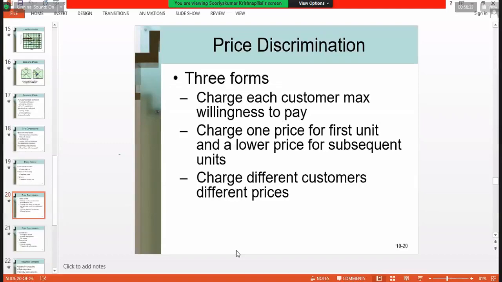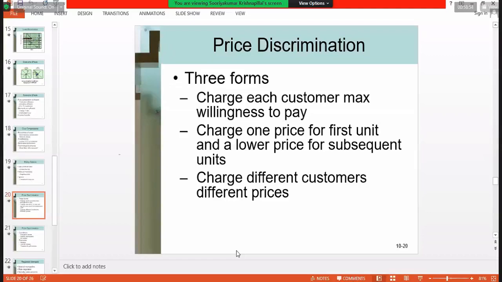Another price discrimination: charge different customers different prices. That means some groups of people will pay a higher price, some groups a lower price, but within the group all pay the same price. So they can categorize and group the consumers, and each group is sold at a different price.